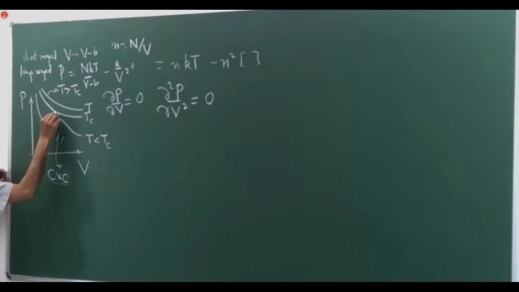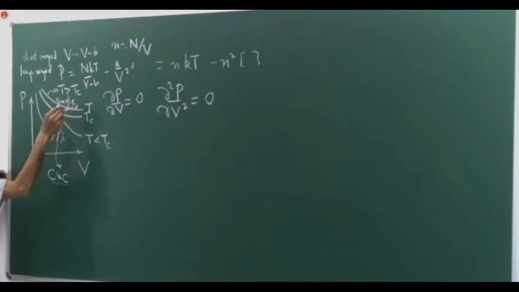Right in the vicinity of this point, which is the critical isotherm, Tc, that is, this isotherm corresponds to T equal to Tc, separating this single phase region. Here it is all single phase.